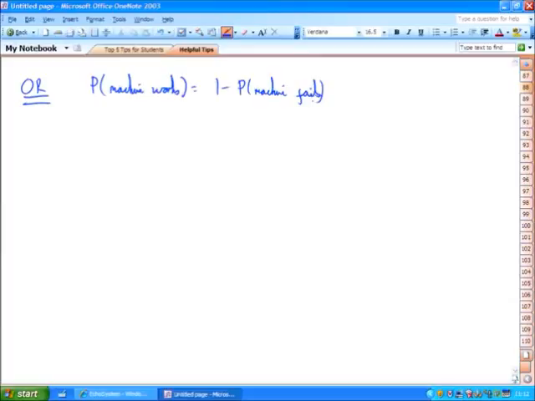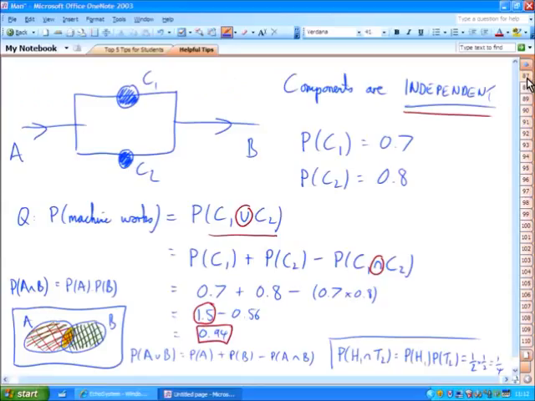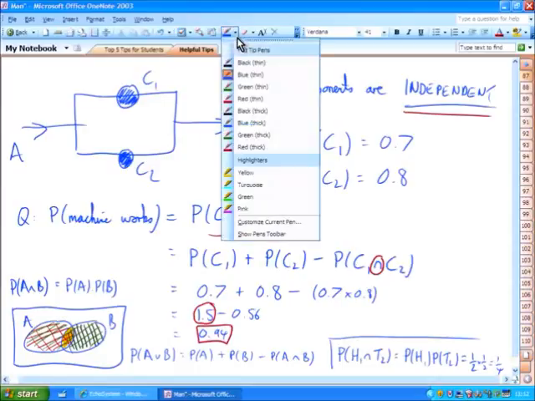Why might I want to work it out this way? Well, we will see in just a moment that I've got fewer events to consider. Because when does this machine fail? This machine fails when both components fail. So there's only one possibility for that. Whereas in the case where I was considering the probability of the machine working, I had to consider 3 cases, as denoted here.